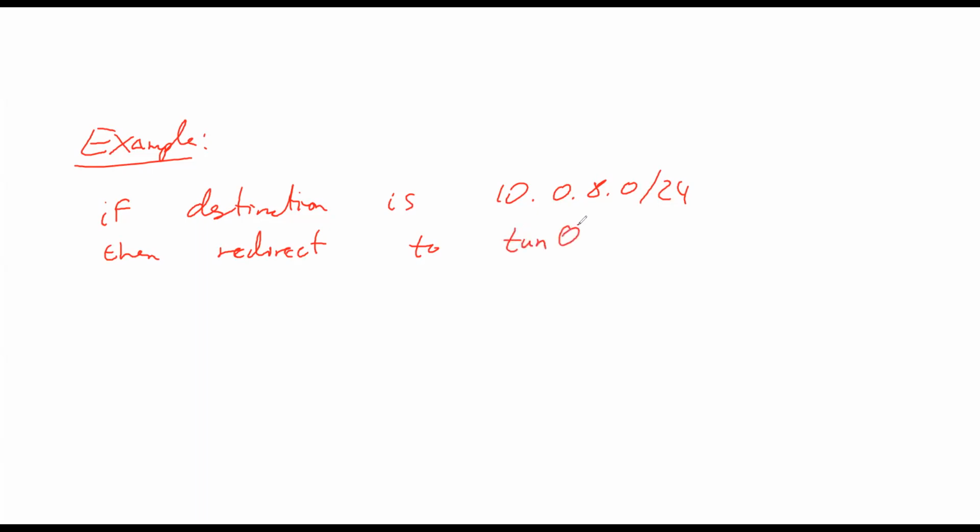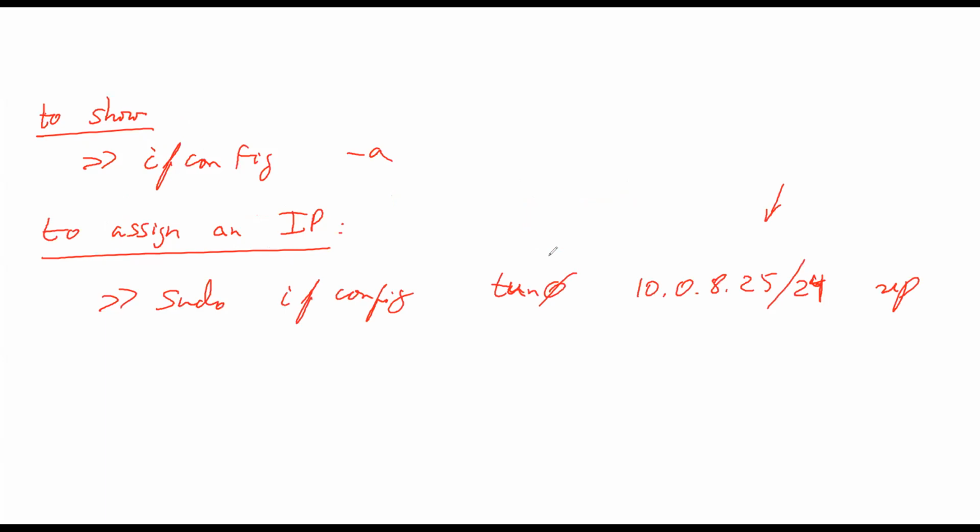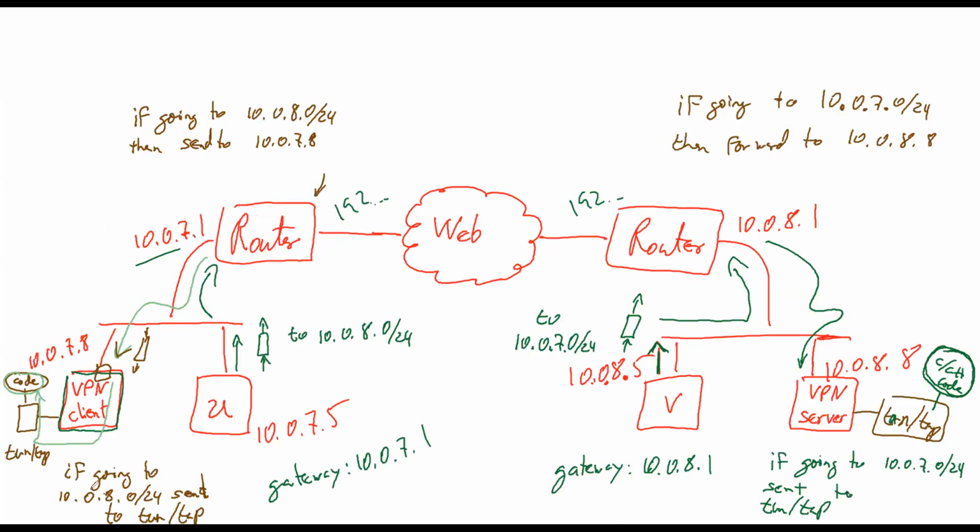That's very similar to one of the rules that we did over here, where we had: if going to 10.0.8, send to tun tap.